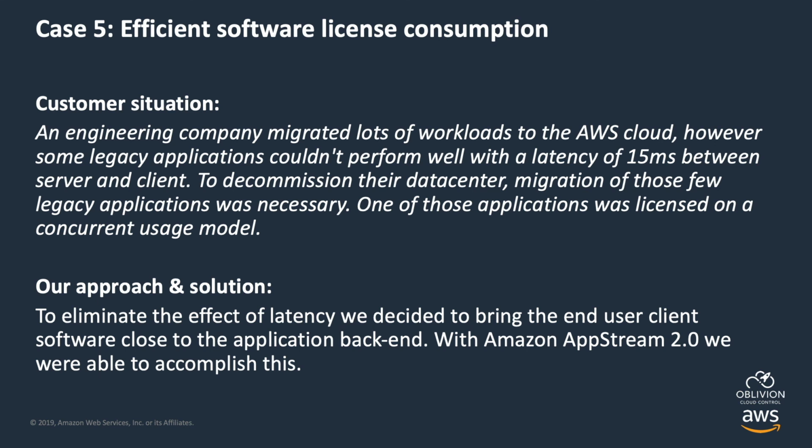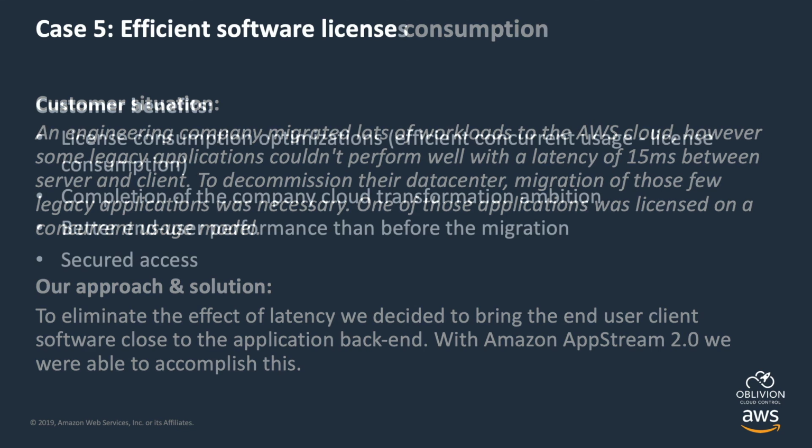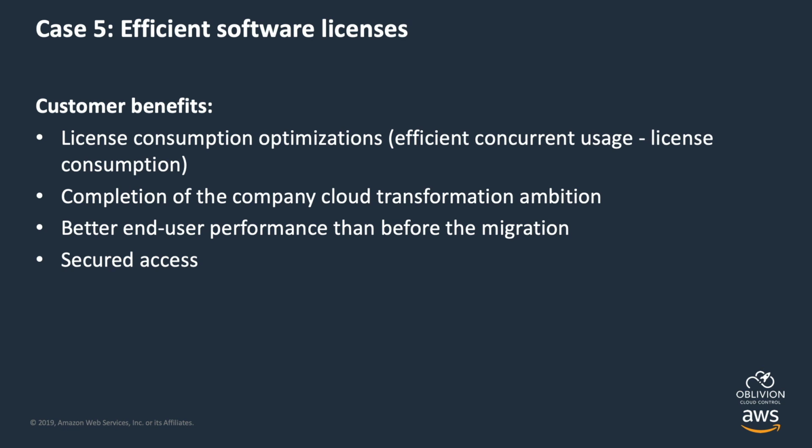The fact that you control the fleet of AppStream means that you can manage your concurrent usage very strictly. You can make sure that you don't end up being under provisioned or have sudden spikes where you don't expect that and need to buy more licenses.